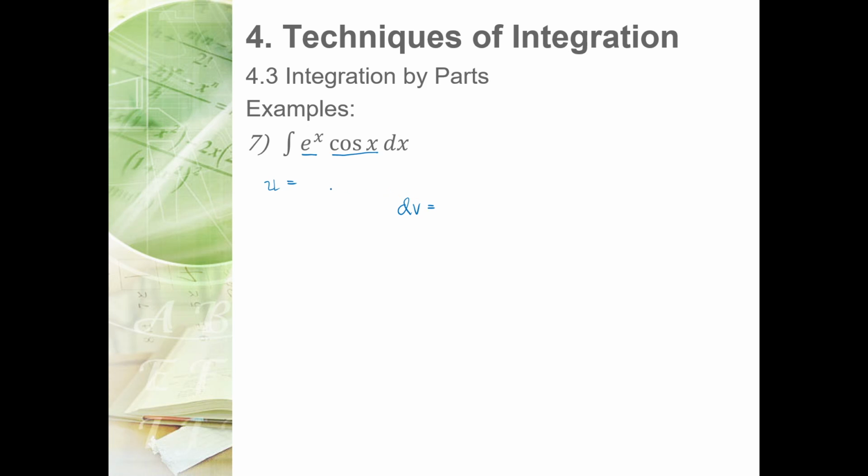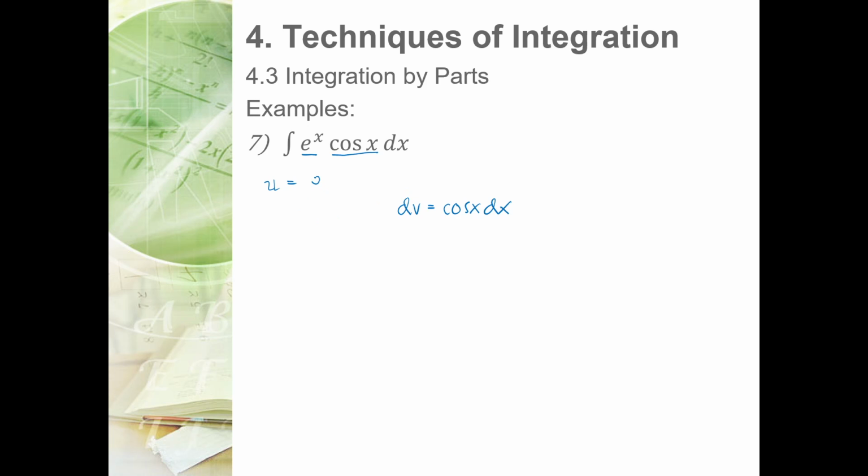But for me, I think it's easy that I have my dv as cosine x dx. So why I choose this one as my dv? Because if I place cosine as my u, I will have a negative value for du, and I don't want to deal with any negative symbols.